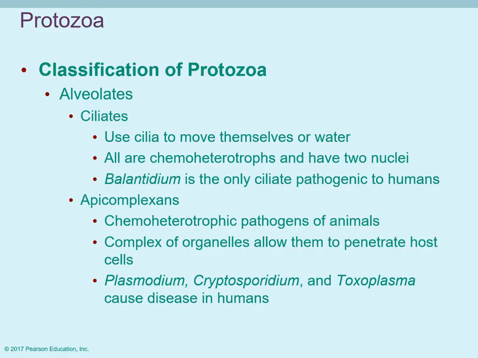Ciliates, they have cilia on them. That's how they get their name, in order to allow them to move through water. They are chemoheterotrophs. There's only one here that is pathogenic to humans. And then the apicomplexans, this does contain the protozoans such as Plasmodium, Cryptosporidium, and Toxoplasma.